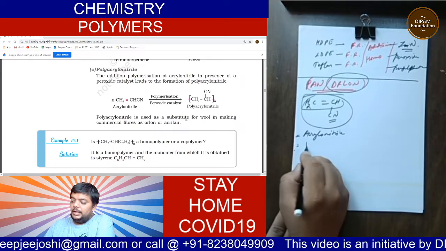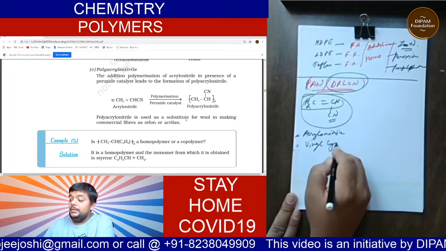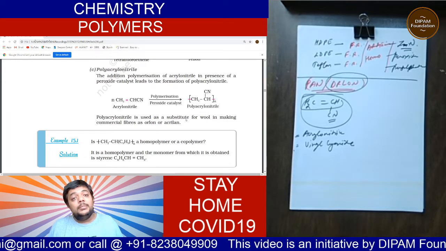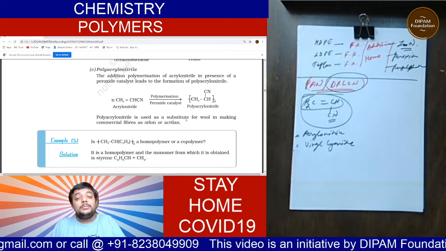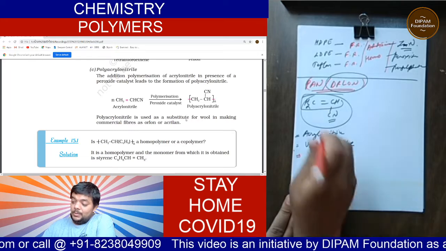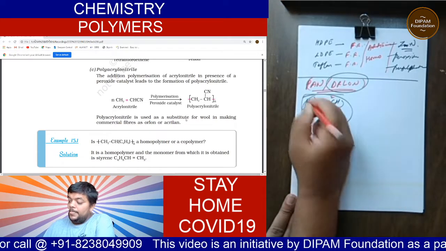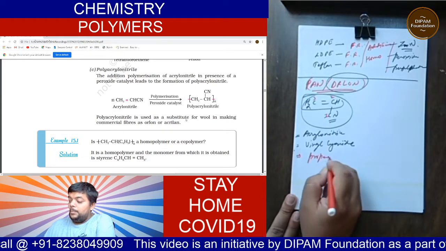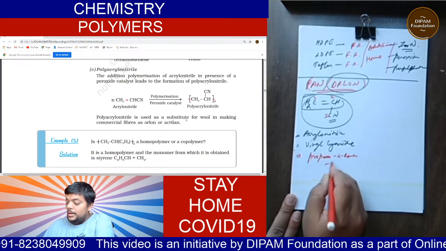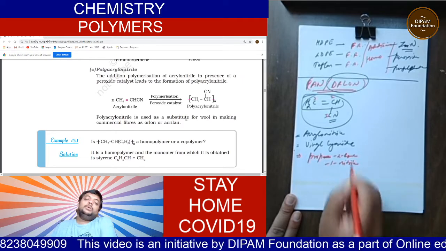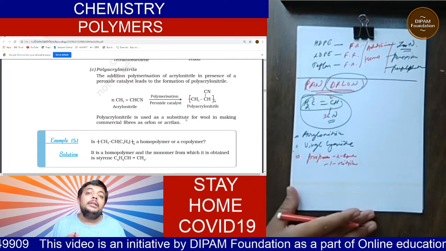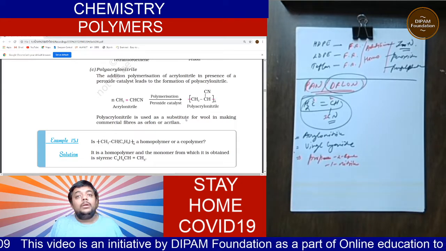People also write it as vinyl cyanide, because it's a cyanide group and it's a vinyl substituent. And third, in the form of an IUPAC name, prop-2-en-1-nitrile. So all three names are for this raw material acrylonitrile that is used for the preparation of PAN or Orlon.